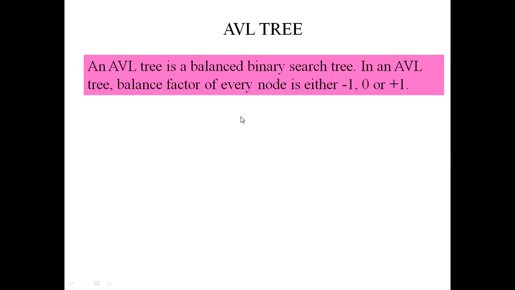We will use some mechanism so that the height of the tree gets reduced, otherwise the complexity will get higher. So to reduce the complexity of the binary search tree, we are using this AVL tree concept.